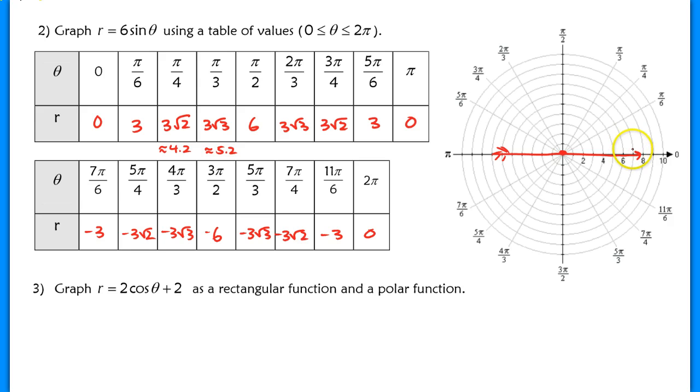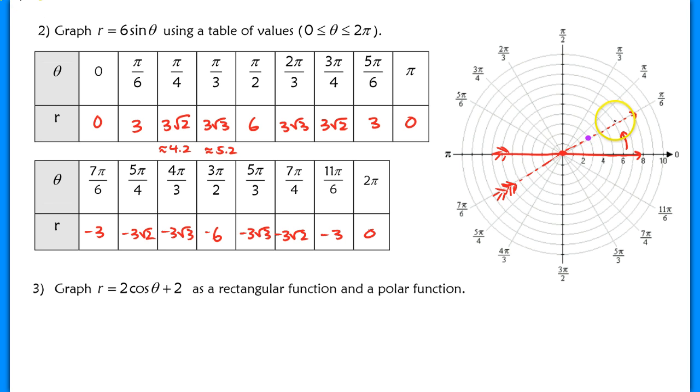Now, as we rotate this spinner and increase theta to pi over 6, that spinner is going to be pointing at pi over 6. So here's our tail end down here. Now what we're doing is plotting the r values. So r rests on that measure, so it actually changes the length of the spinner to 3, so it's increasing the length of your spinner to 3, and we're going to indicate that with a point here.